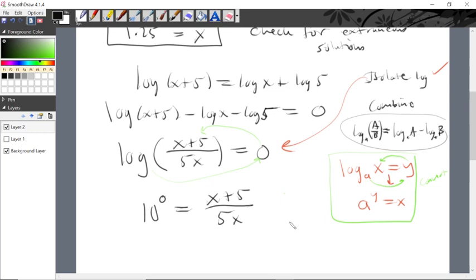Note that although we've converted this into its exponential form, that does not mean we have created an exponential equation. Right? The equation that we're left with here is not exponential. It's not because the exponent that we see is not a variable. It is a constant. So converting it to exponential form does not mean we will be solving an exponential equation.